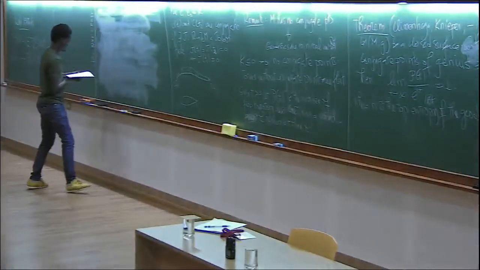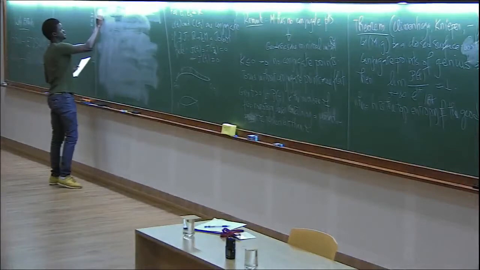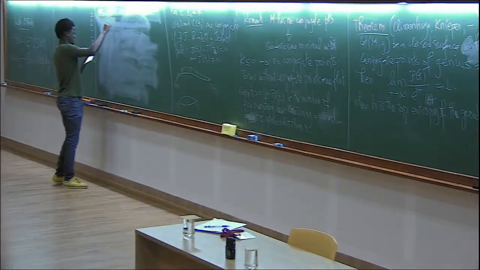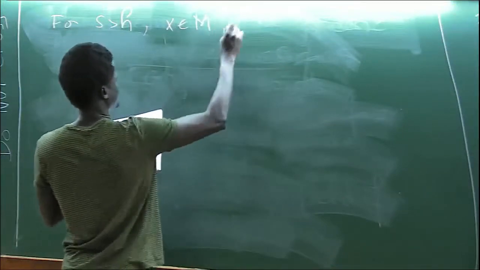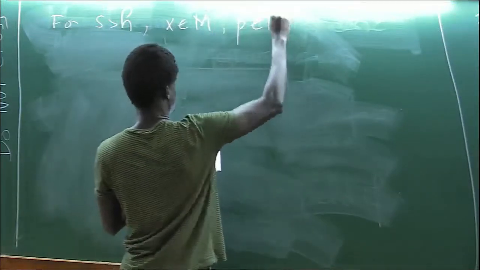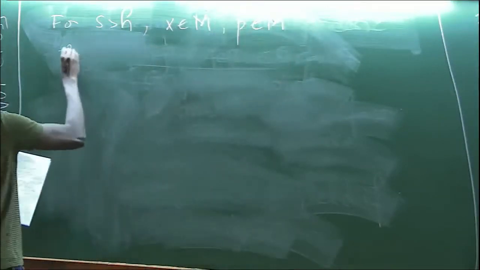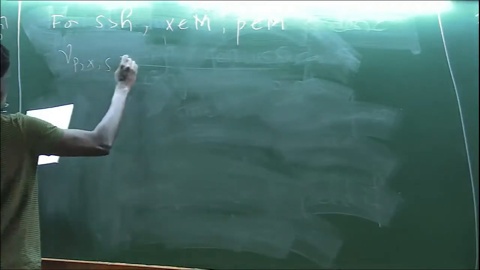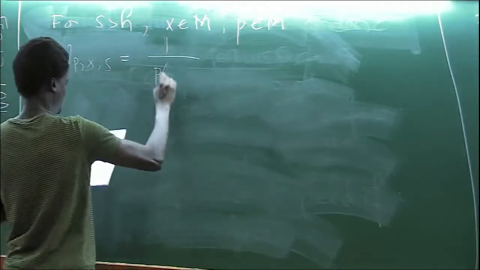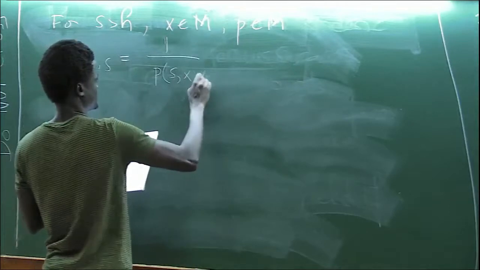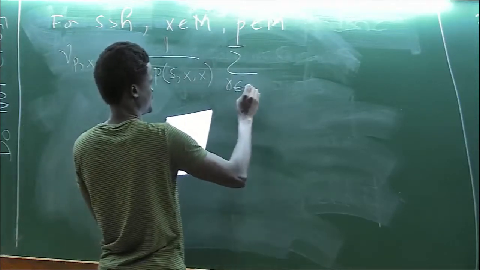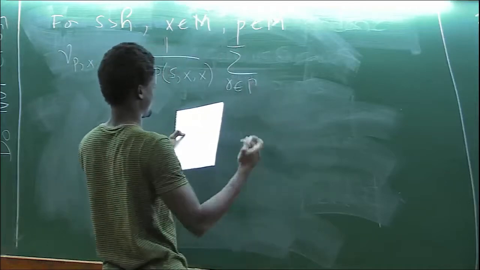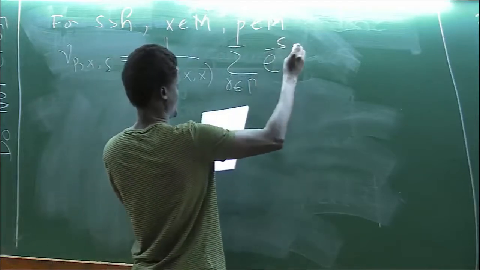So you define, for s bigger than h, and a point x on the universal cover and p also in there, nu_{p,x,s} as this measure. You take this weight here, P(s, x, x), the sum of Dirac deltas, like Stefano was doing this morning, along orbits.